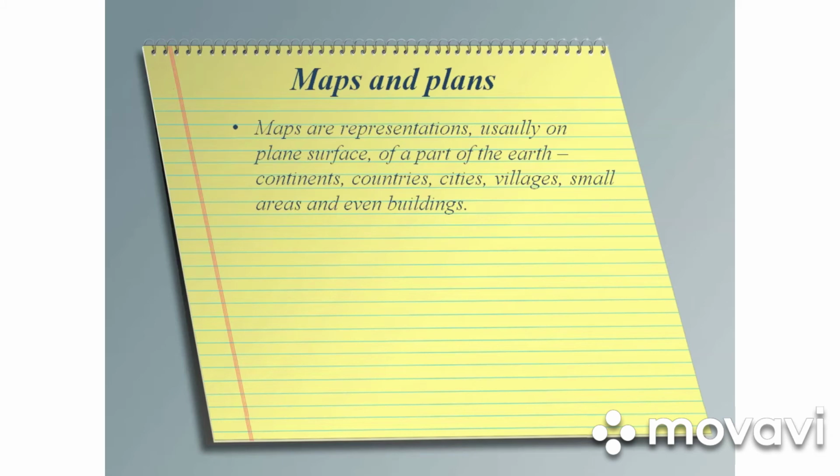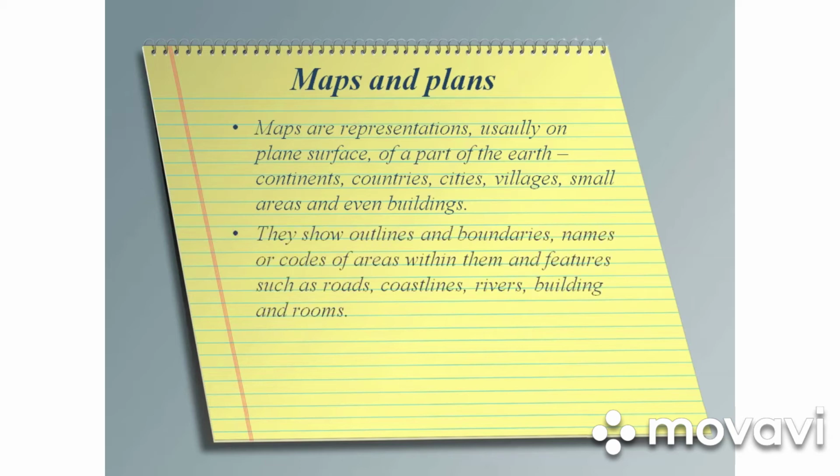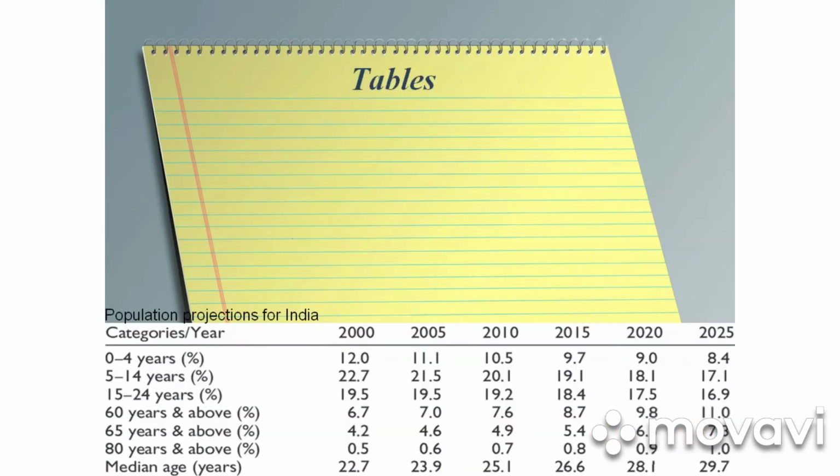We know that maps are representations, usually on a plain surface, of the earth or a part of it, such as continents, countries, cities, villages, small areas, and even buildings. Maps show outlines and boundaries, or sometimes names or codes of areas within them, and features such as roads, coastlines, rivers, buildings and rooms, and so on and so forth. So this talks about maps and plans.